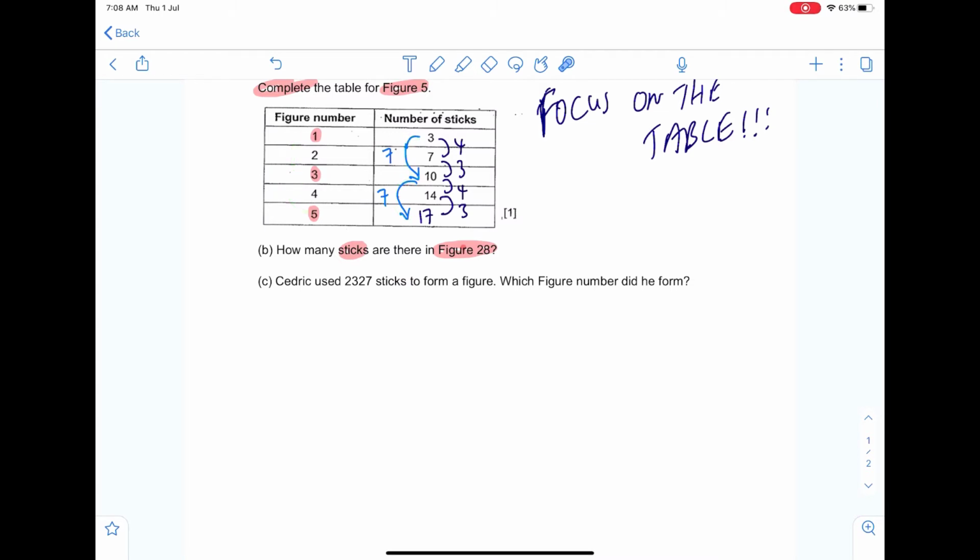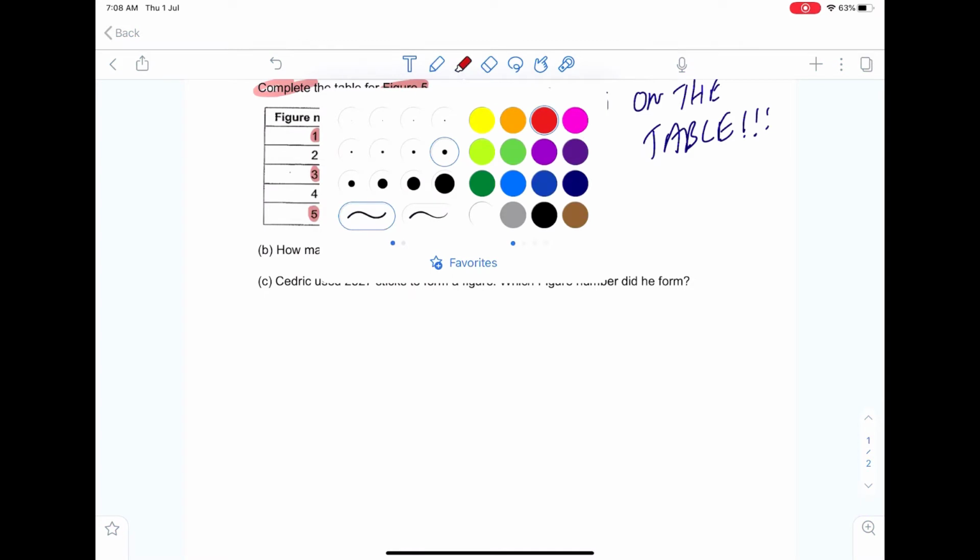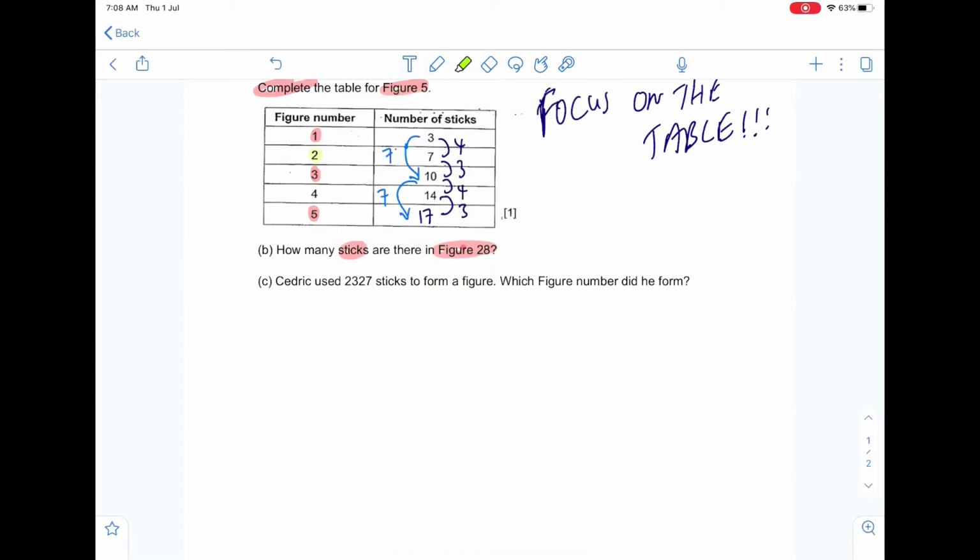Alright, so likewise, okay, if you look at the even figures, figure 2 to figure 4, you will realize that the difference is also fixed, 7. And if you do a figure 6, alright, so plus 4 plus 3 plus 4 plus 3 plus 4, so figure 6 will be 21.